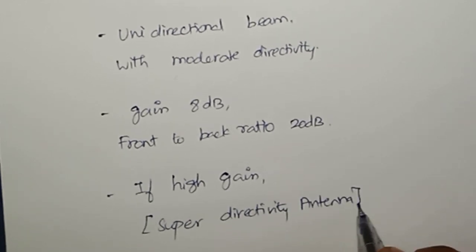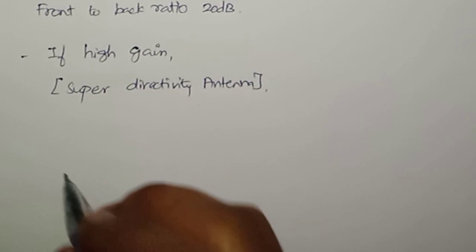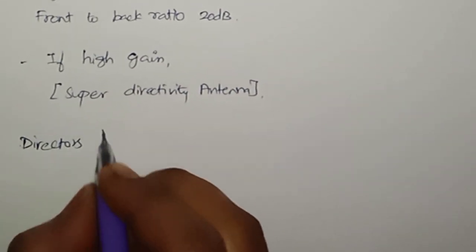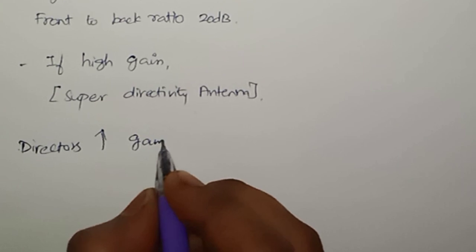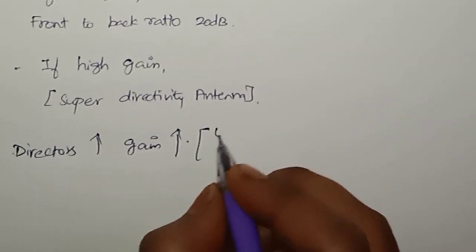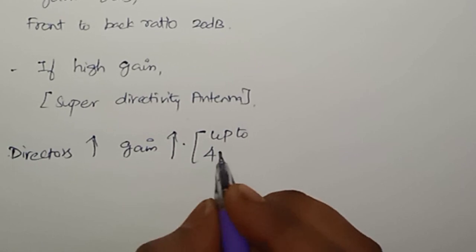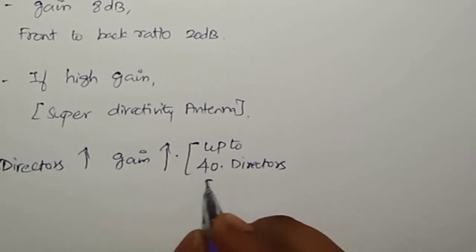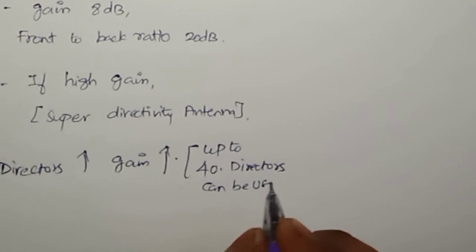If we want a high gain antenna, we have to increase the number of directors. If the director number is high, the gain will be high. For every Yagi antenna we can increase the number of directors up to 40 only. Up to 40 directors can be used.